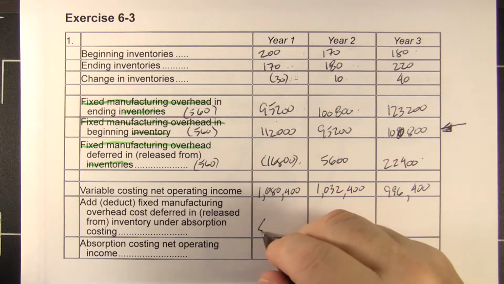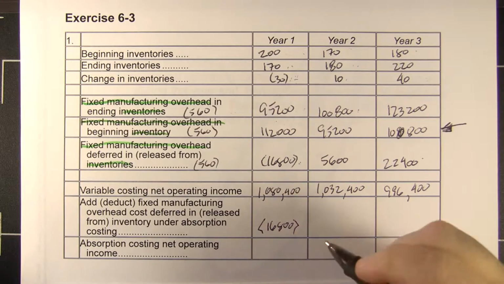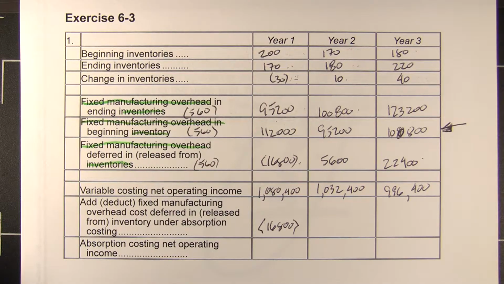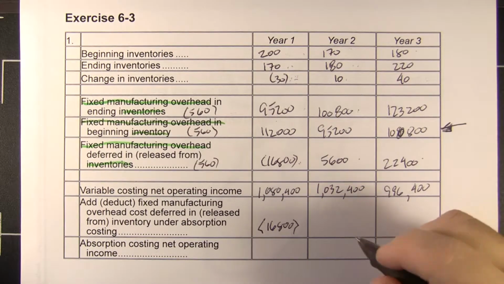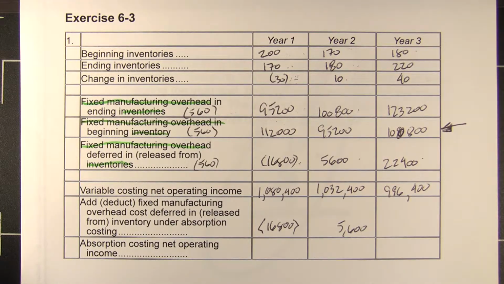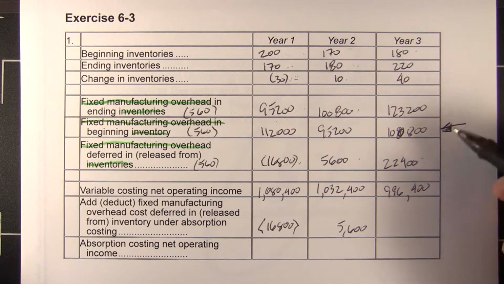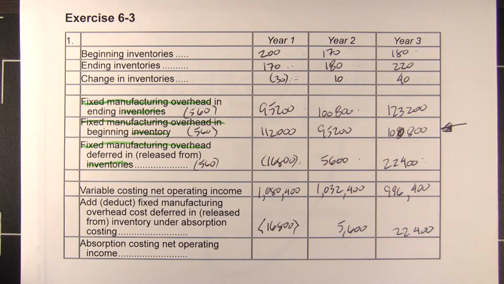So we have to subtract that from our variable costing operating income. This we deferred to a prior period, so we add that because we're going to recognize that expense at some later date. And the same with this, we'll add that because we're going to recognize that at a later date.